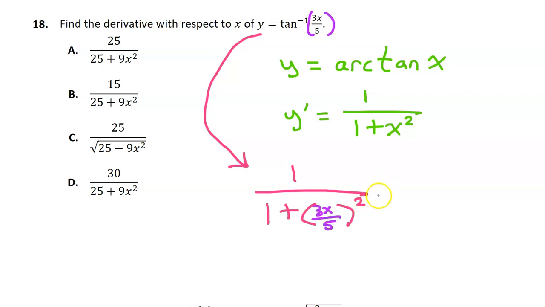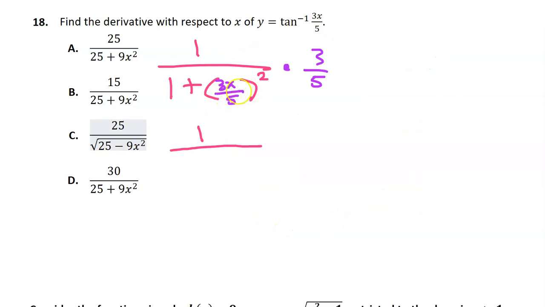Then I must multiply by the derivative of the inner function. The derivative of this purple part is simply 3/5. So this 3 is going to end up in the numerator, and the 5 will be in the denominator. Actually, let me square this first.